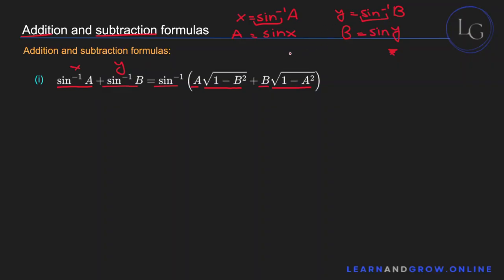Now, let's see what we can get for the cosine. We already know the trigonometric identity that sine square of g plus cosine square of g is equal to 1, right? So if you convert it for the cosine, cosine of g becomes equal to under root of 1 minus sine square of g.